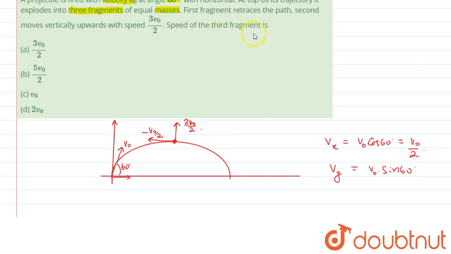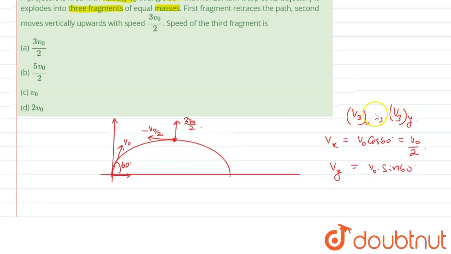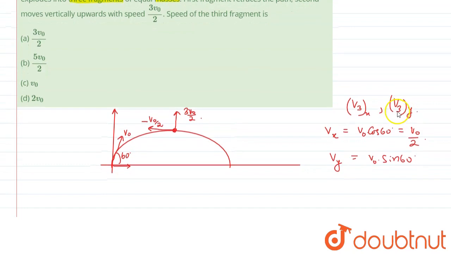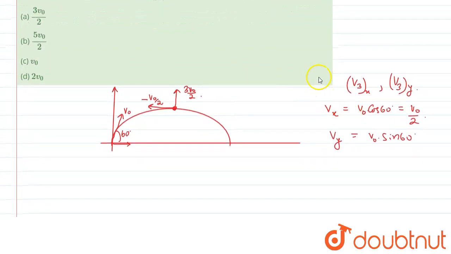So assuming that the third particle will have x component and y component velocity, let us say those components will be v3 along x and v3 along y. So we will find v3x and v3y, and then we will find the speed accordingly.